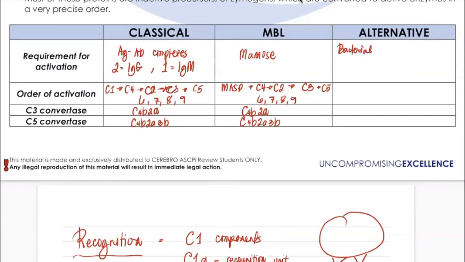Bacterial LPS na lang, lipopolysaccharide, and even other bacterial products. So whenever they are present, nagkakaroon ng alternative cascade activation. So if you would notice, it does not require antigen antibody. That's why it's part of the natural immunity.